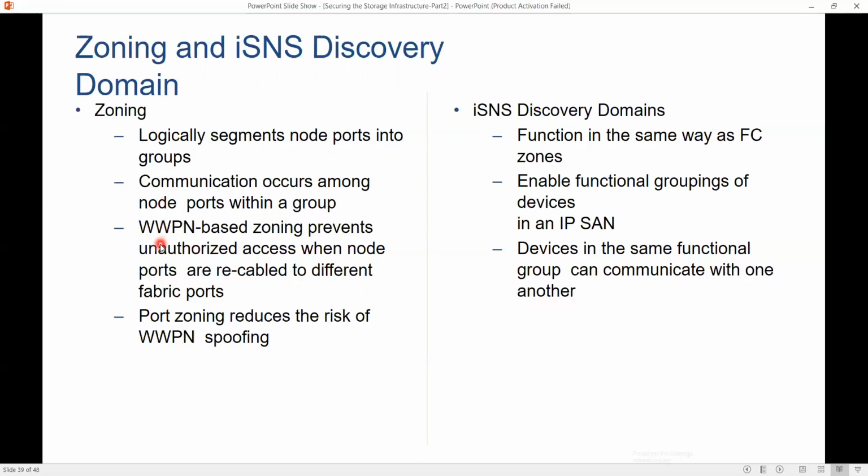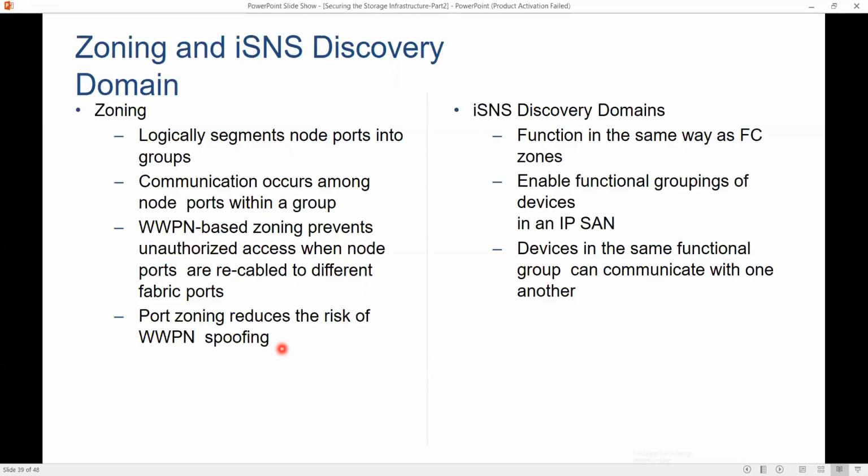Worldwide port number based zoning prevents unauthorized access when the node ports are re-cabled to different fabric ports, right? This also reduces the risk of spoofing, someone causing some malicious act on any of the ports on the host.